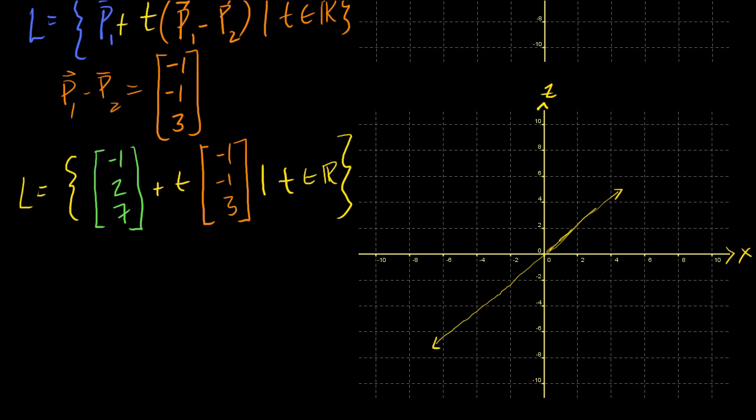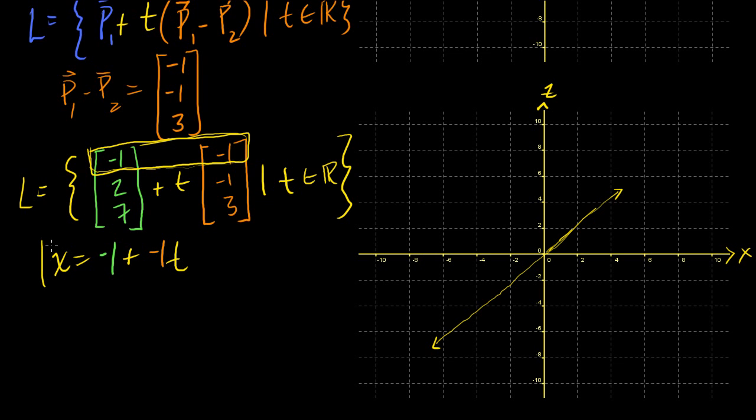So the determinant for the x-coordinate, just our convention, is going to be this term right here. So that term is going to determine our x-coordinate. So we can write that x is equal to minus 1, be careful with the colors, minus 1 plus minus 1 times t.